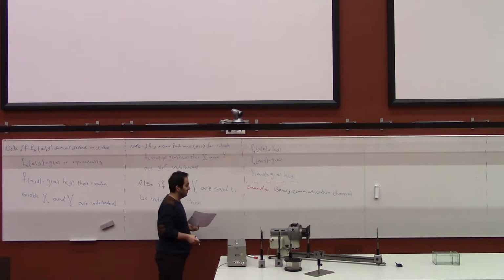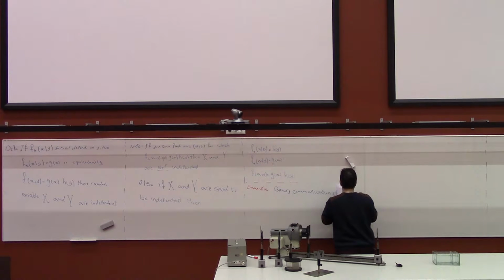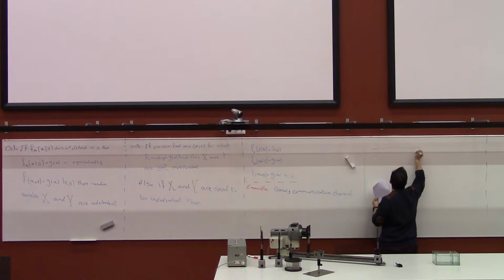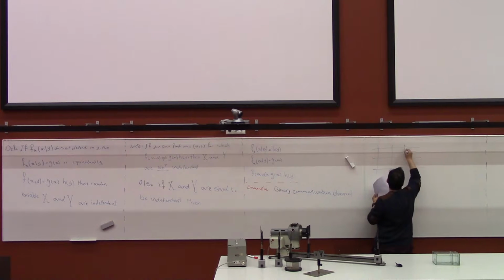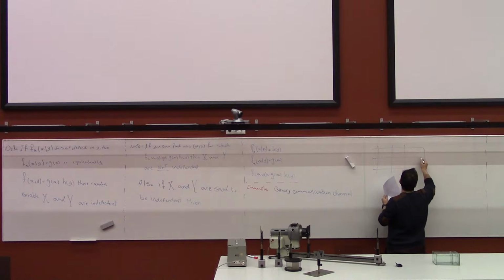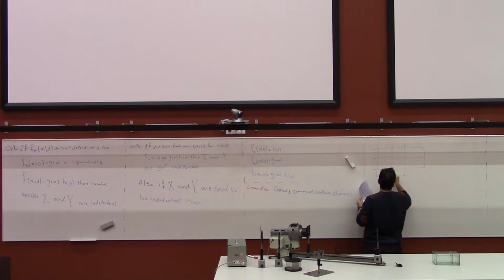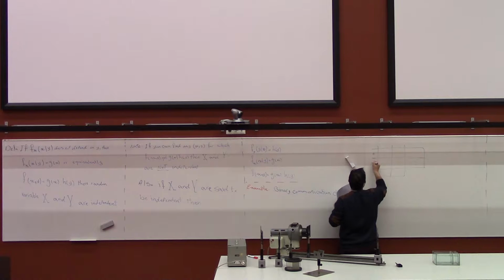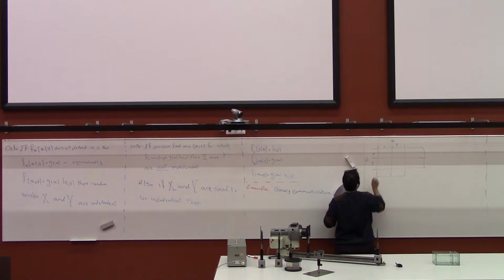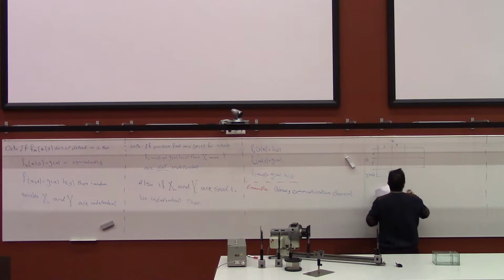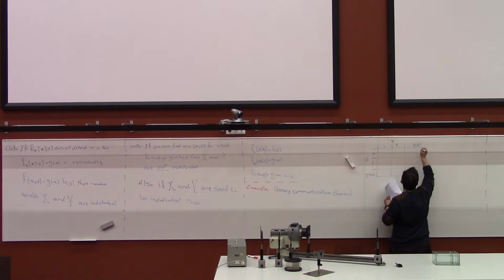We have a table like this: X is 0 or 1, and Y is 0 or 1. Here you have g(x) and here h(y).